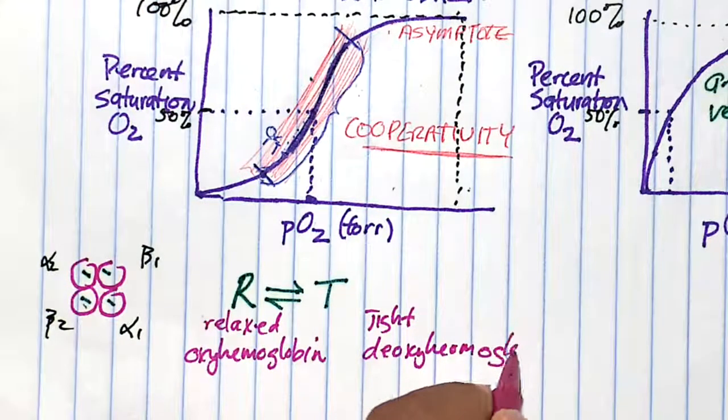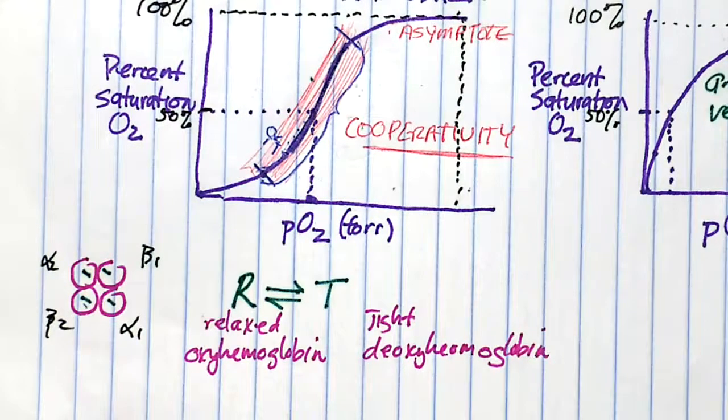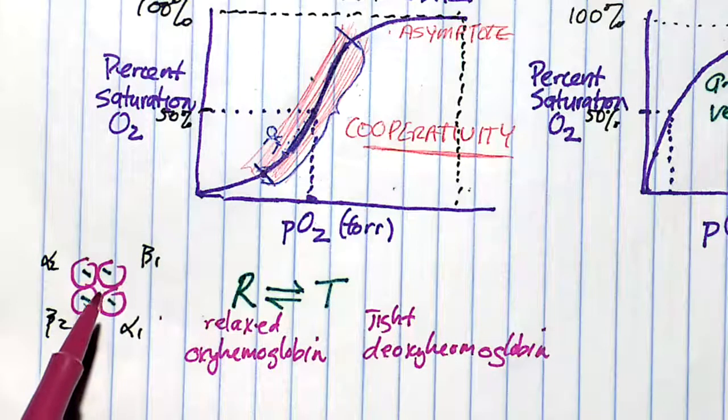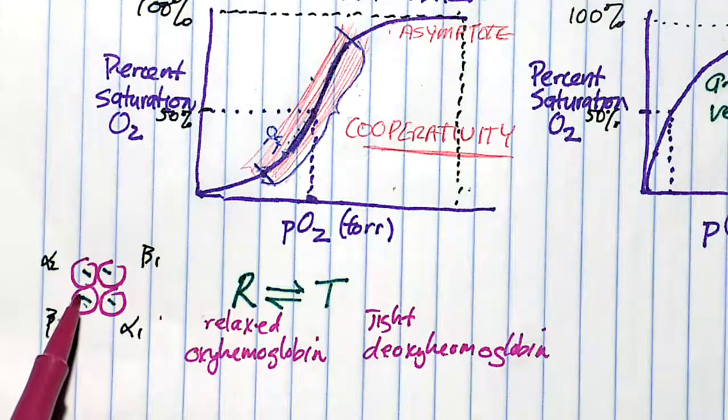Tight is the T state, a very specific three-dimensional arrangement that favors oxygen dumping. R is a very specific three-dimensional structure of the subunit that favors the affinity of oxygen, or favors oxygen binding to the heme of hemoglobin.